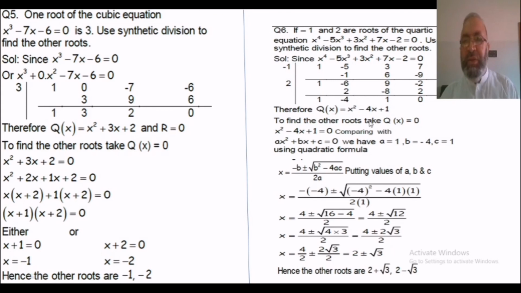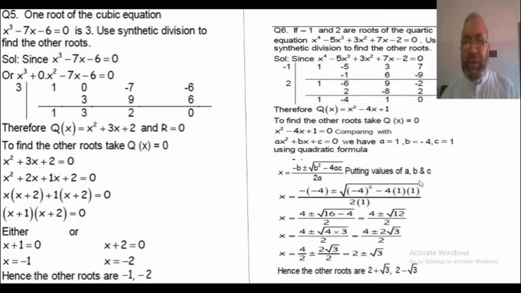To find the other roots, q of x is equal to 0, meaning this equation x square minus 4x plus 1 equal to 0. So we solve this by the quadratic formula. Compare it with the standard form, we get a is equal to 1, b is minus 4 and c is equal to 1.